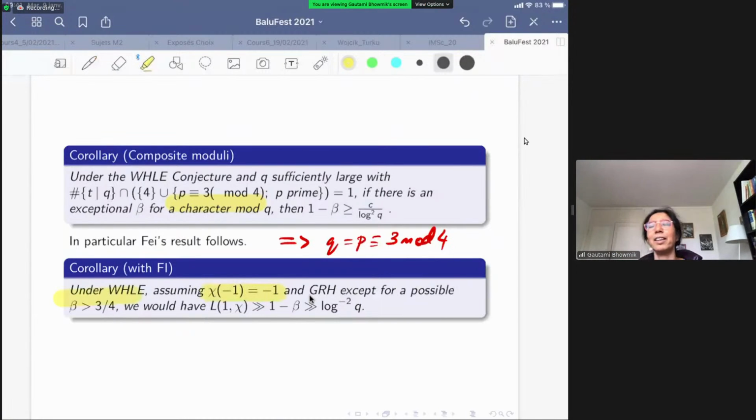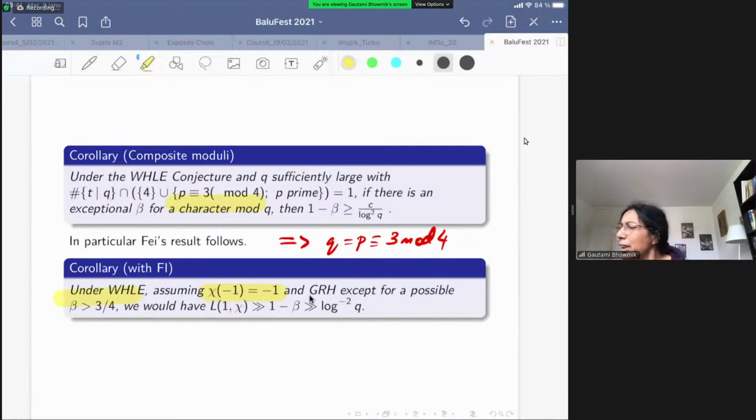And if you take the conditions of Friedlander and Iwaniec, then the GRH holds except for a possible beta, which is no more than 3/4. In that case, you will be able to show that L(1, chi) is greater than 1 minus beta, and it's greater than 1 over log squared q, which is a slight improvement on the Friedlander-Iwaniec result, but includes more conditions.